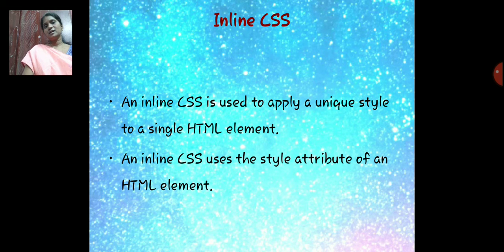Inline CSS is applying styling in the same tag in which you are going to give the styling. If you want to make the paragraph text bold, we just write P, space, font style equals bold. That's it. The bold styling will be applied to that particular paragraph. That is called inline style.